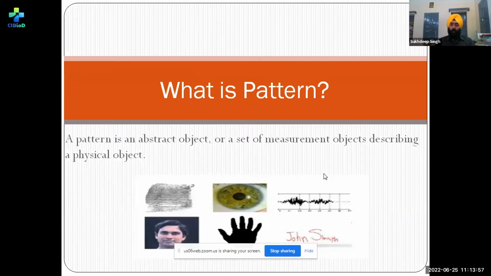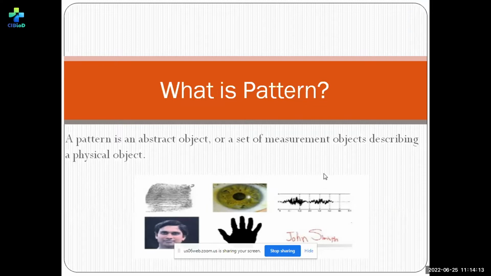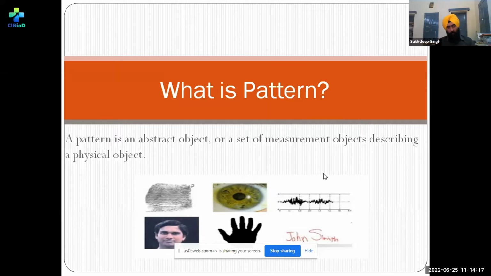When we write something on paper or a digital device, and that particular text is understood by the computer, that is also using a pattern. Our eye scanning, face scanning, and hand scanning are all patterns. It means something is stored in a machine and an object is matched with that stored data. That is a pattern.